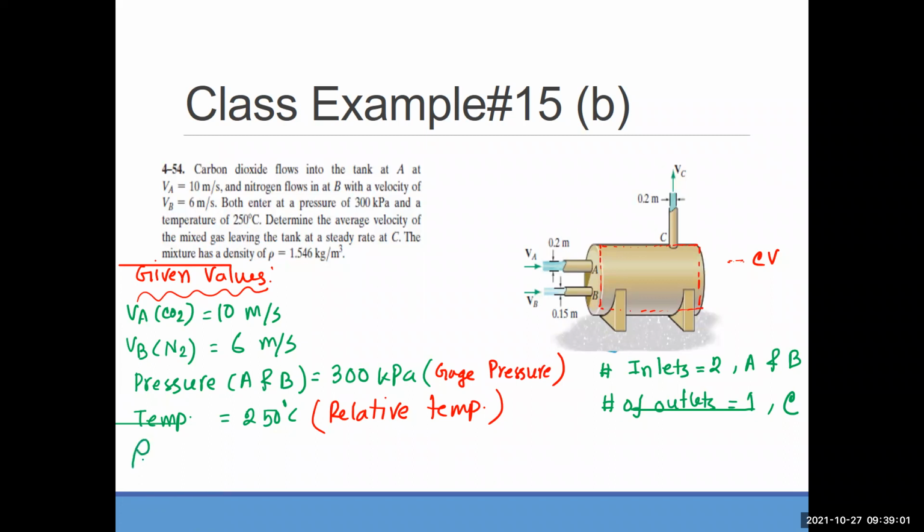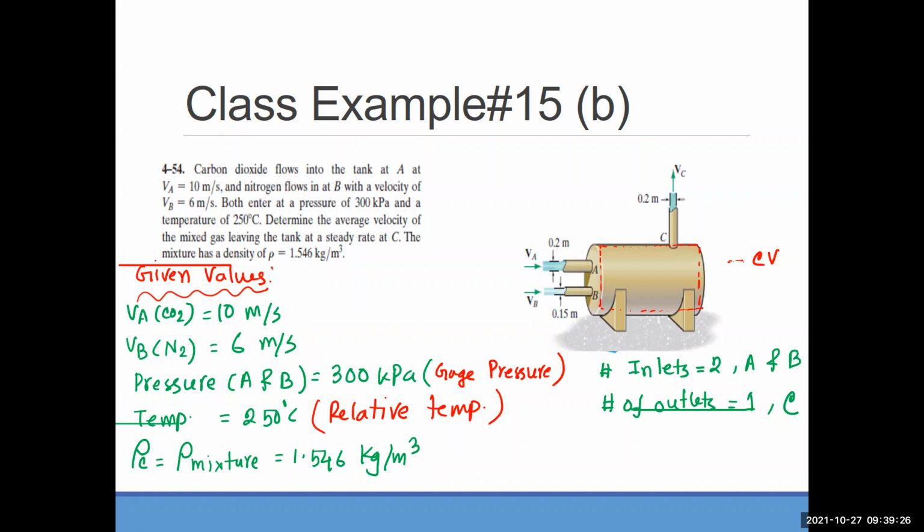That means the density of C, density of mixture, 1.546 kg per meter cube, right? All of these are the given values.